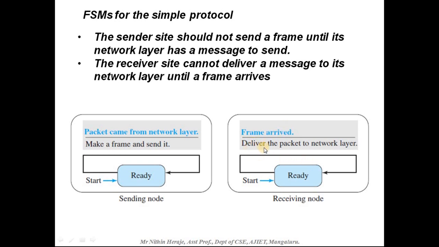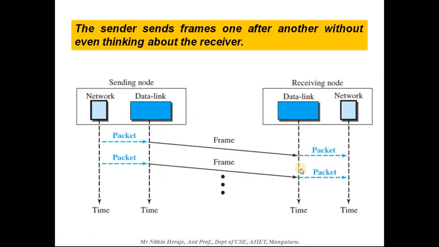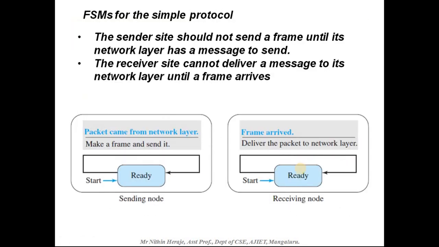The action to be performed is that you need to deliver the packet to the network layer from the data link layer. So when this event occurs, it will perform this action and then it returns back to the same ready state, indicating that it is ready to accept the frames from the source node. Okay, so that is about the FSM of the simple protocol.